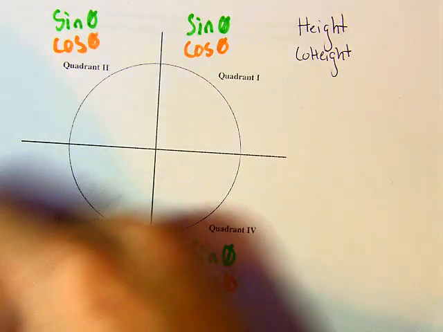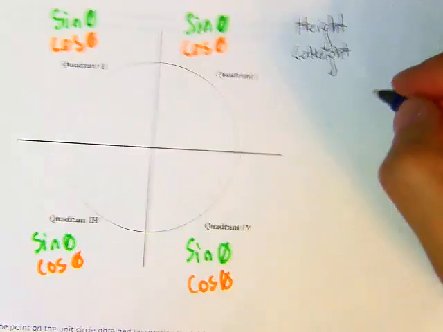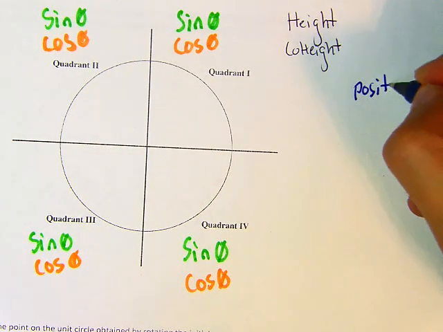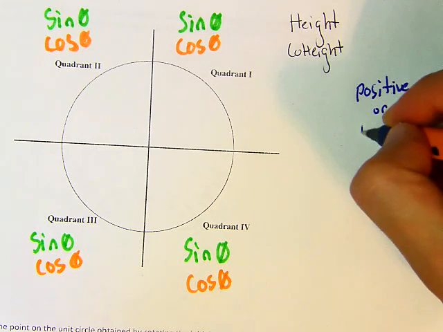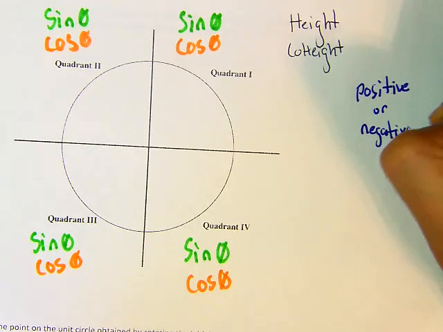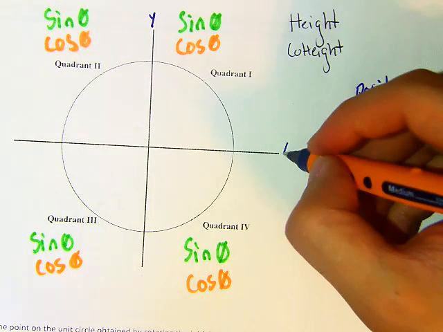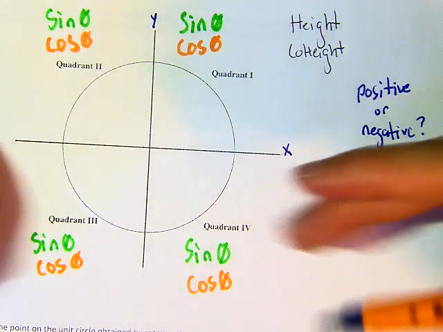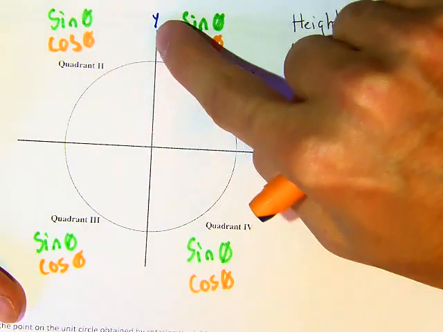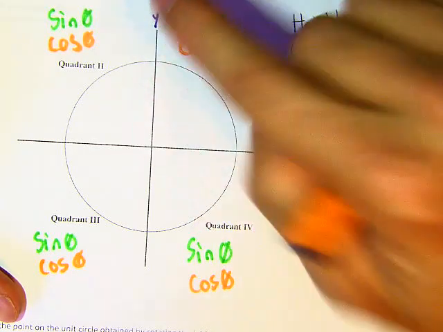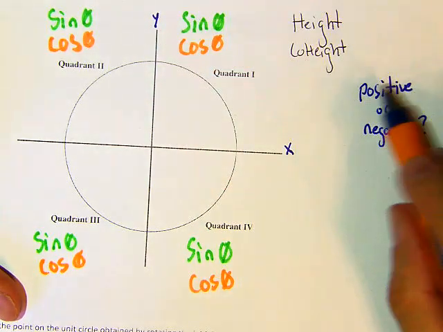Now the question is, positive or negative, right? Now let's think about it. Remember, if this is the y-axis and this is the x-axis, everything up over here is all positive, right?